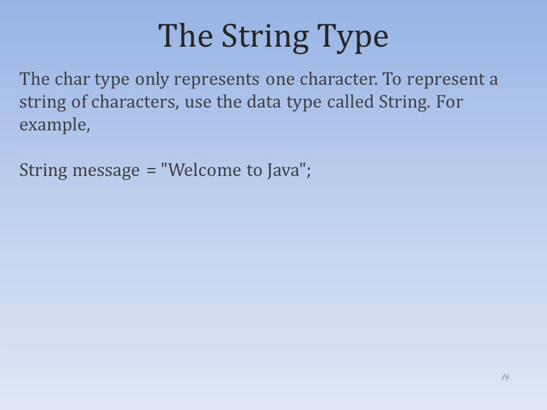But for now we need to know that the string data type is a reference data type, and the next slides will review this idea of concatenation. Chapter 7 will cover more on using the string data type and using some of its methods.